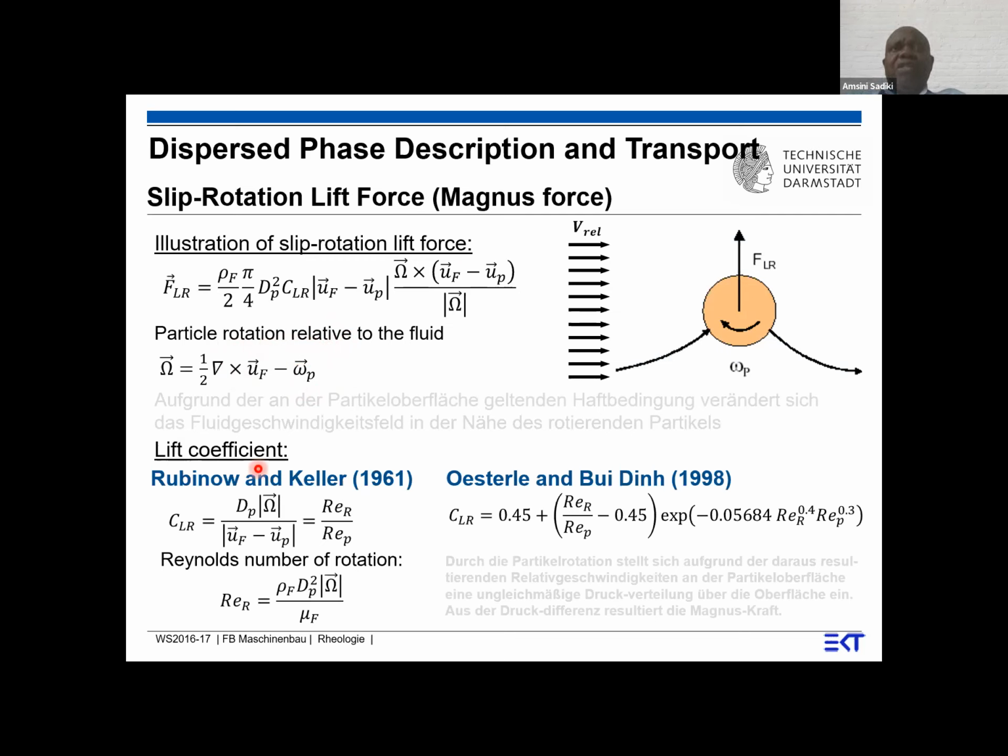So the lift coefficients are given by this expression. This lift coefficient, and we have two. This is the first group, which is given by Rubinow and Keller. And we have this one, which is normally used, what we use also. That is this expression.